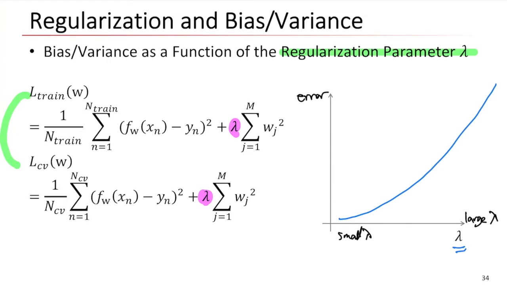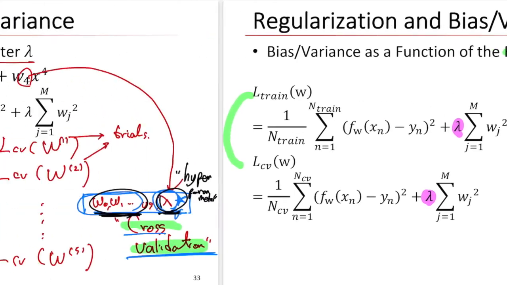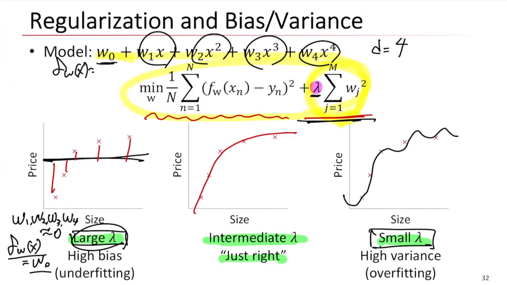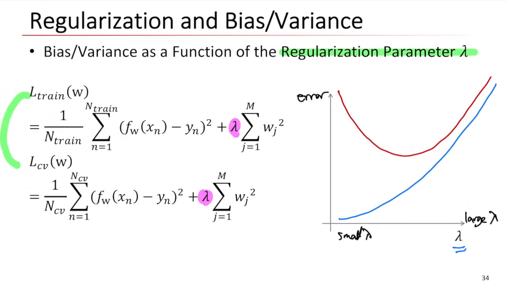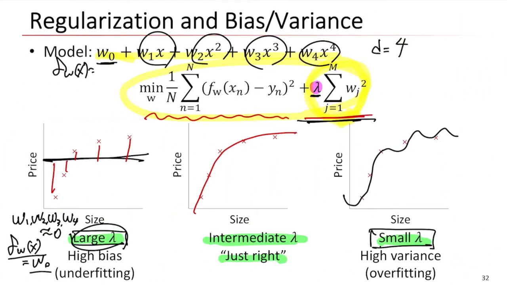However, when we draw the errors of the cross validation, it will look like this. Why does the cross validation error look like this? Because when we just use a small lambda here, the fit will look like this.